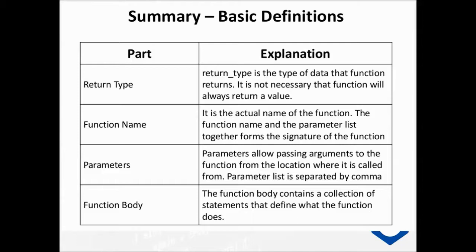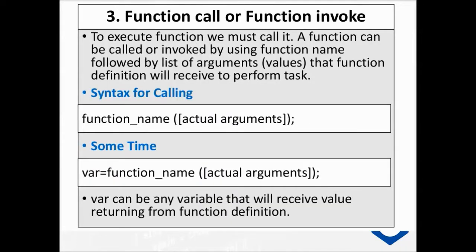Function call or function invoke. The third part is calling a function. To execute a function, we must call it. A function can be called or invoked by using the function name followed by a list of arguments that the function definition will receive to perform its task.